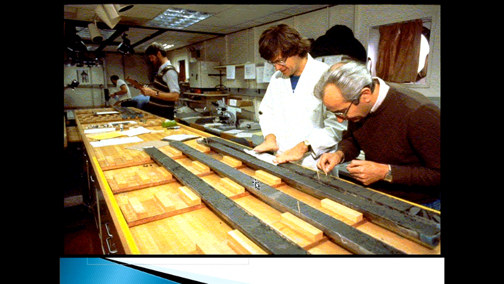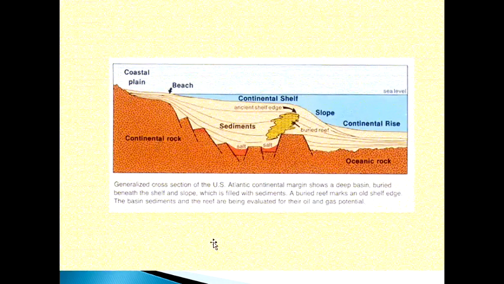But then, as I said, these things are saved in core libraries, and they're saved forever, like books in a library. And they're studied by scientists from around the world ever after. So that's how we principally know a lot about these margins and the bottoms of the ocean. And we can make nice little cross sections like this. This is a cross section of the Atlantic coast margin, so passive.